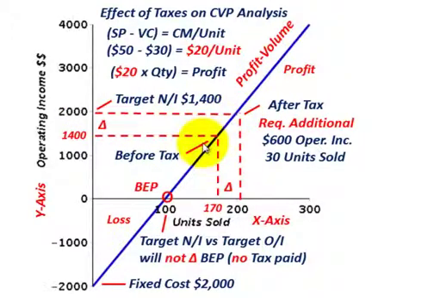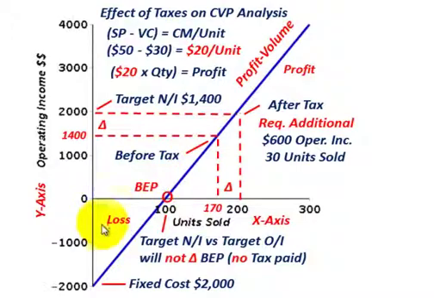So we looked at a before tax basis and an after tax basis. And just for this cost volume profit graph, remember we did go over that break-even point, and if you sell less than the break-even point, you're going to generate a loss. Any units sold greater than the break-even point, you're going to generate a profit.